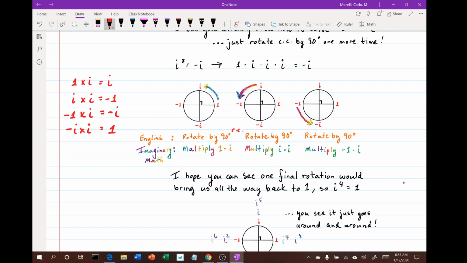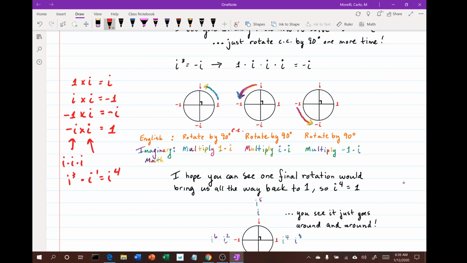Okay? And the reason that that works is because negative i is equal to i times i times i, or i cubed. And then you're multiplying that times i. So you're multiplying i cubed times i. You apply the product rule, and you get i to the 3 plus 1, or i to the 4th.